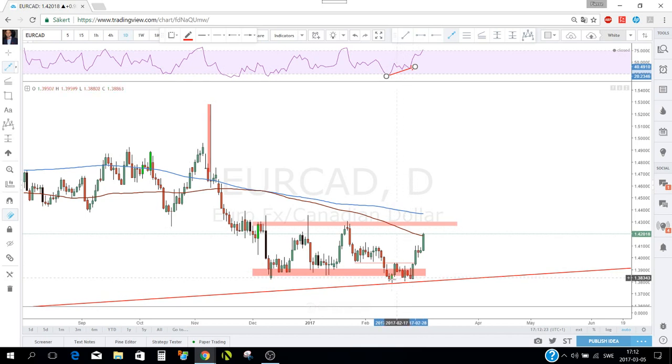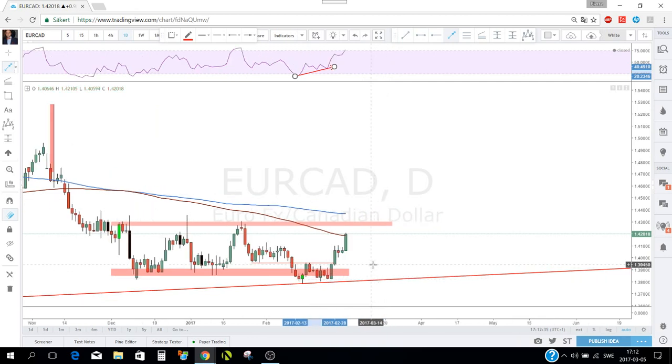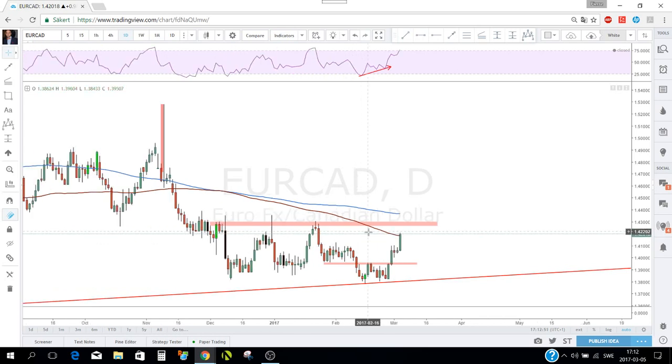The price was on an equal level, but the RSI was a much higher bottom, so that should be our first signal that price may reverse from this area, and it did actually reverse. And when it broke this neckline, the double bottom neckline, price gained momentum and did a very good rally to the upside.